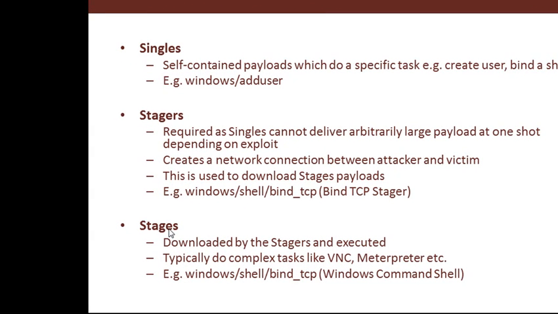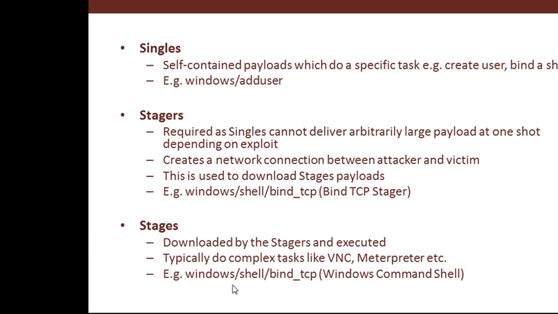Finally, stages: as we've already mentioned, these are the payloads downloaded by the stagers and executed. These typically do more complicated tasks like VNC, Meterpreter, and a host of other things, which we will visit in later videos.